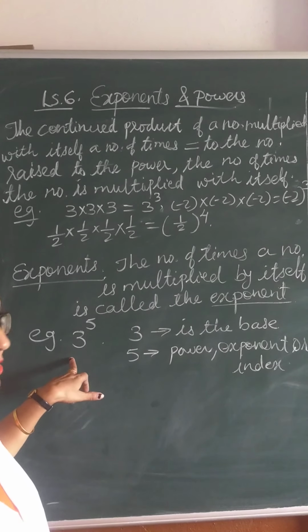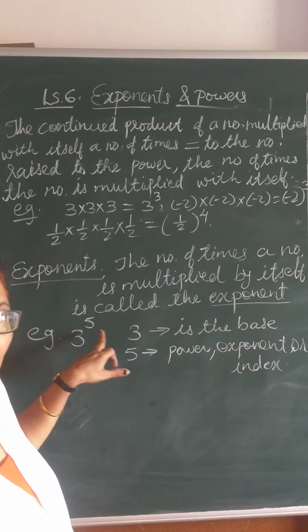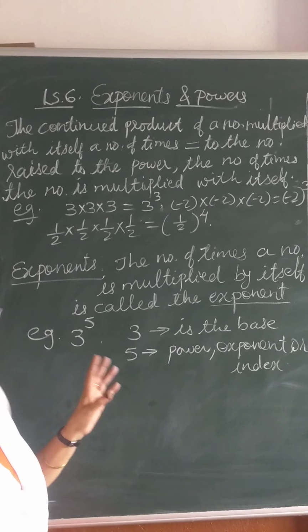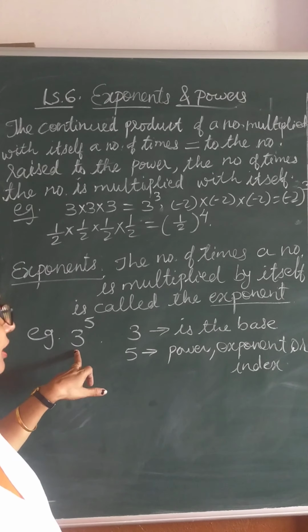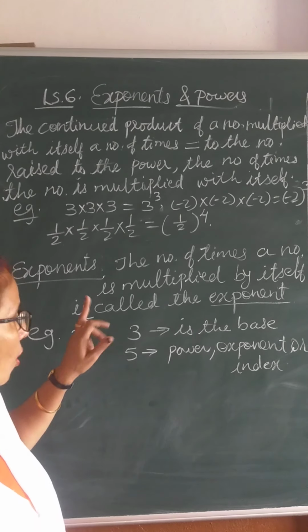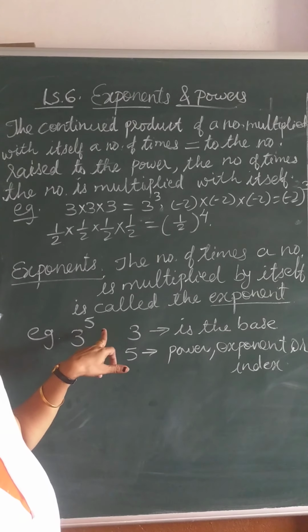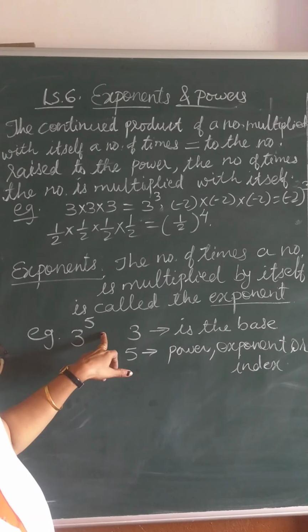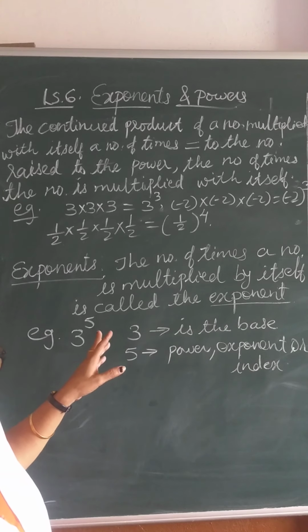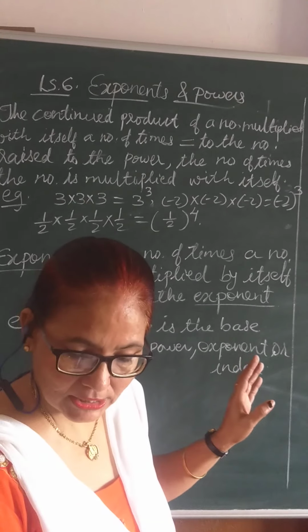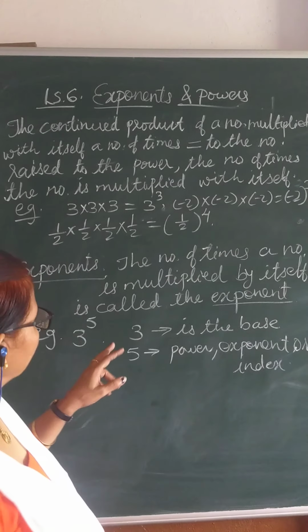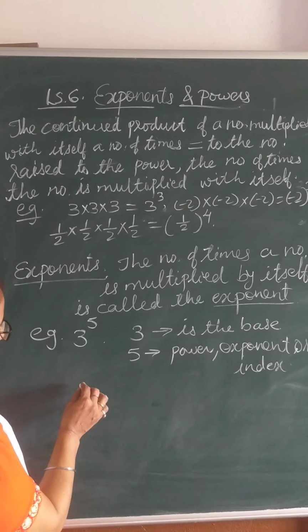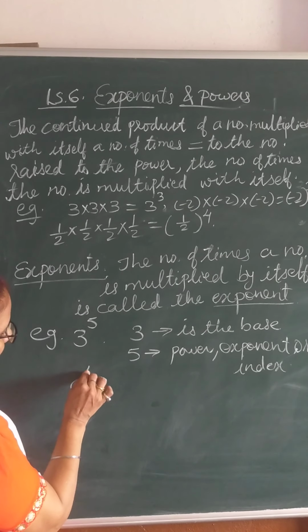Okay. So this 3 is called the base and 5 is called the power. And how do we read it? We read it as 3 to the power 5 or 3 raised to the power 5. Now let's see one more example. Suppose I am writing a to the power 4.